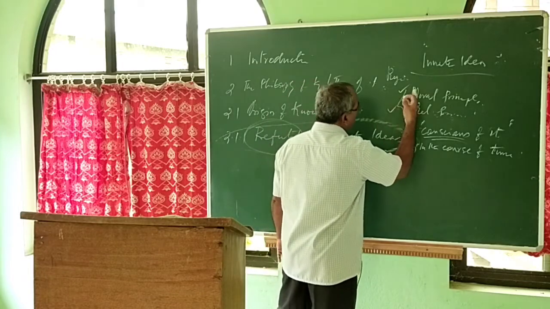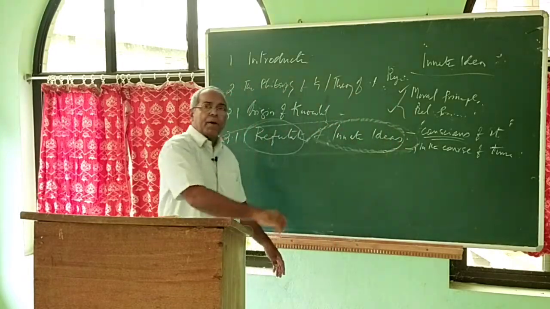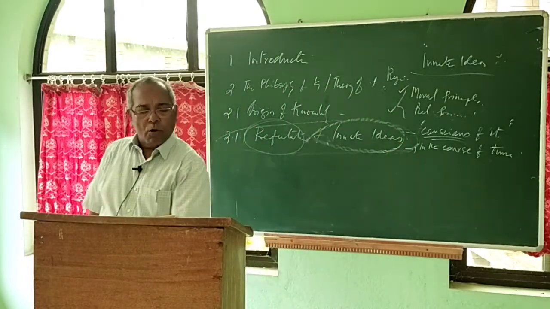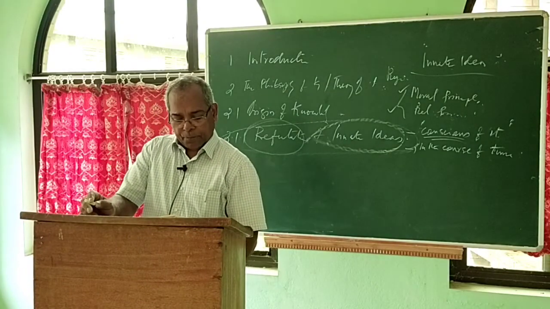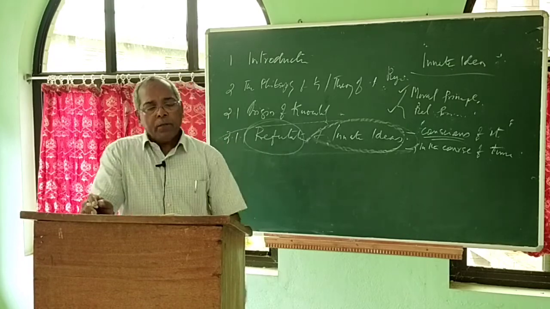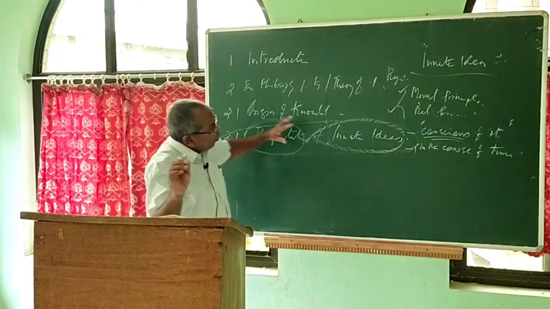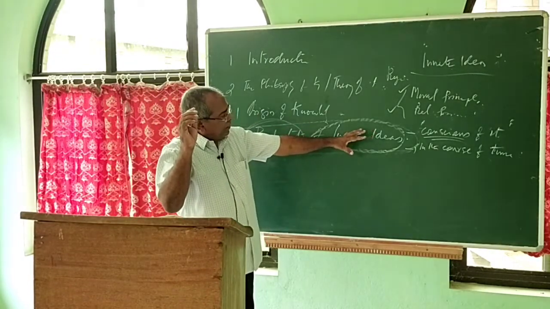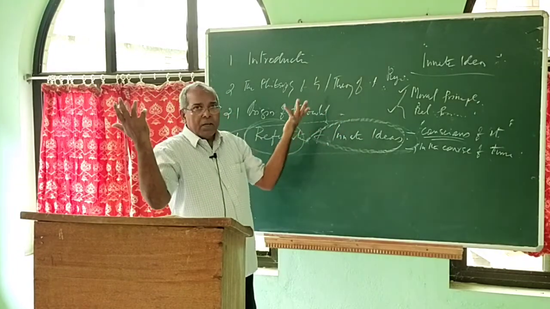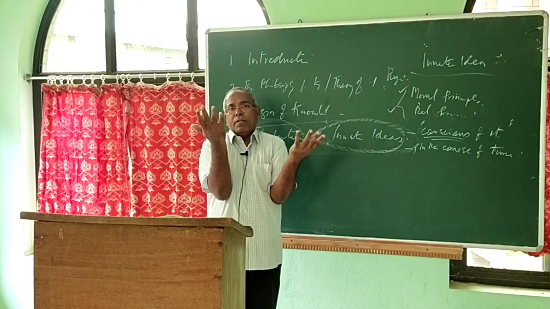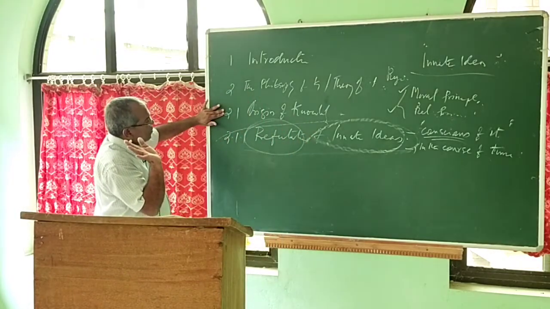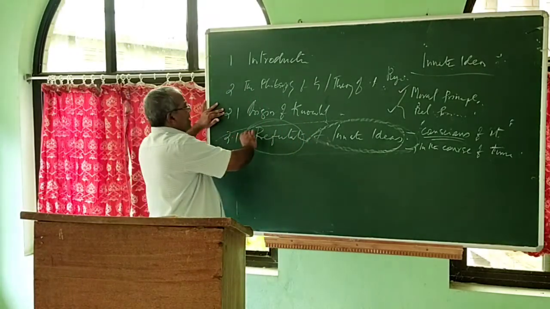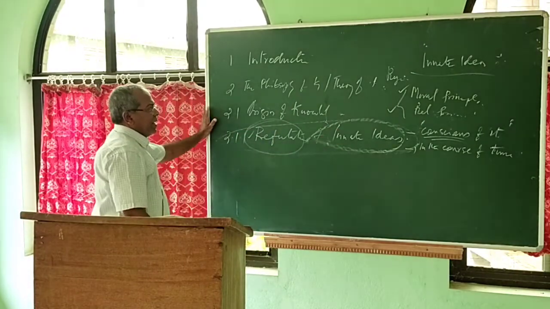And then, how do you get it? That is the second part that we are going to deal with. Clear? Okay. All right. Therefore, if there are no innate ideas, then what is the source of knowledge? That's the next question. So, origin of knowledge: the first point is the refutation of innate ideas.